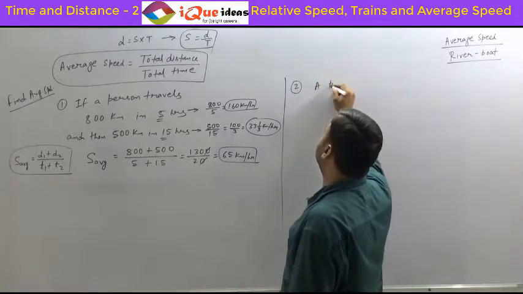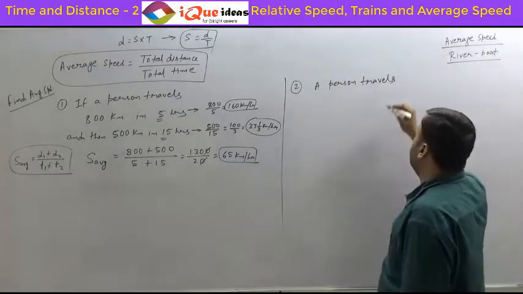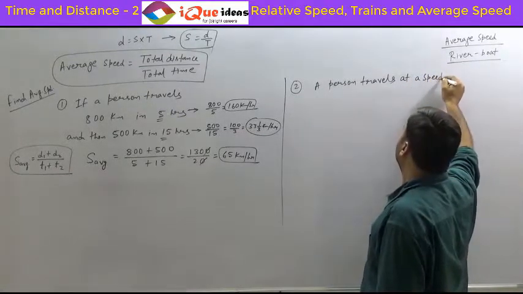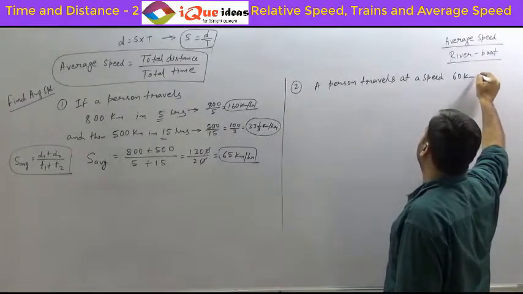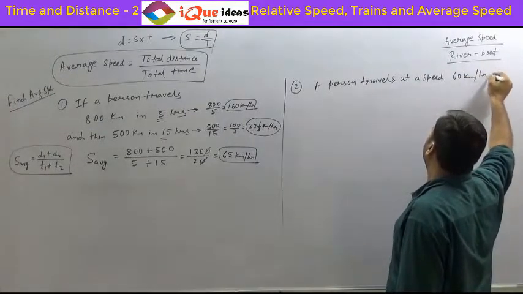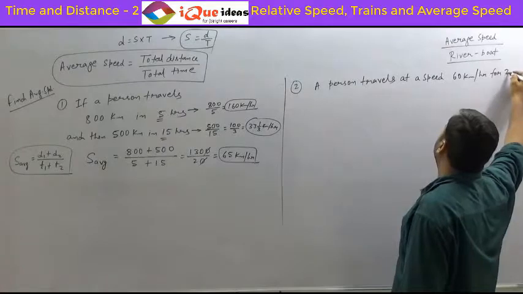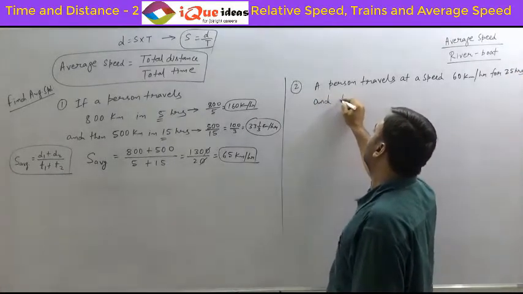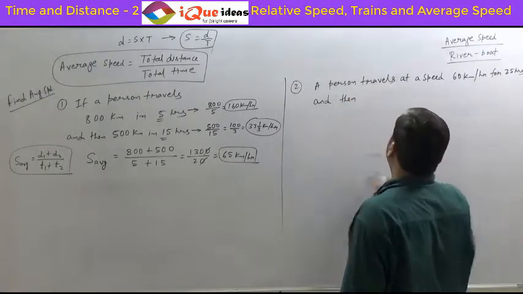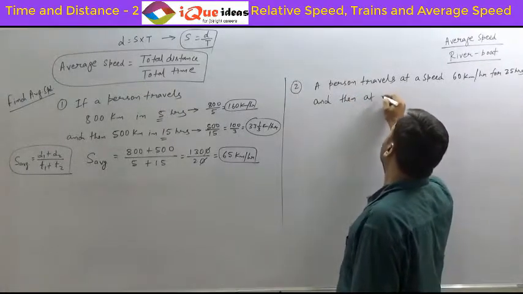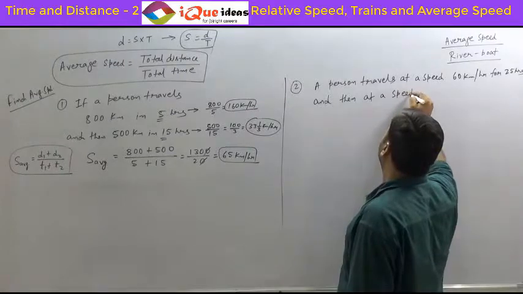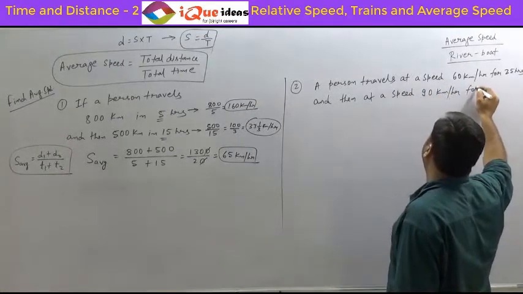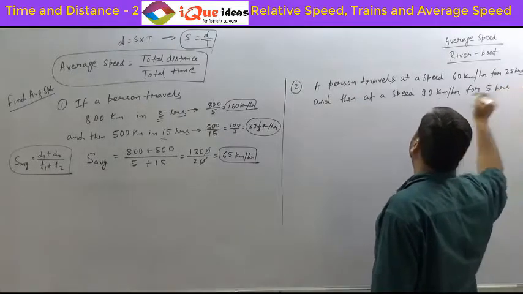A person travels at a speed of 60 kilometers per hour for 25 hours, and then at a speed of 90 kilometers per hour for 5 hours. Find average speed.